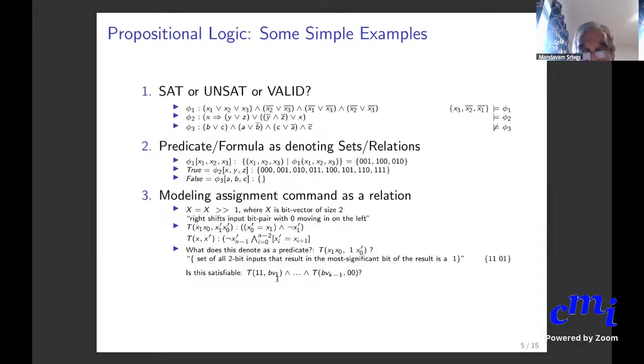Now, given the same thing, once again I'm assuming it is left shifted, or you can ask this question for right shifting also. Is this satisfiable?